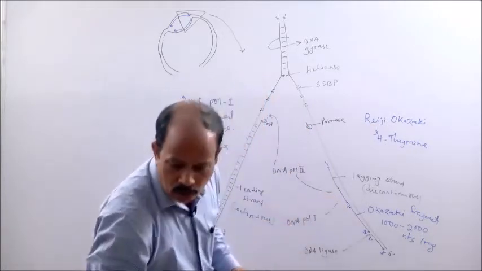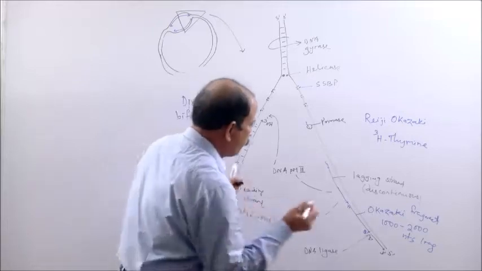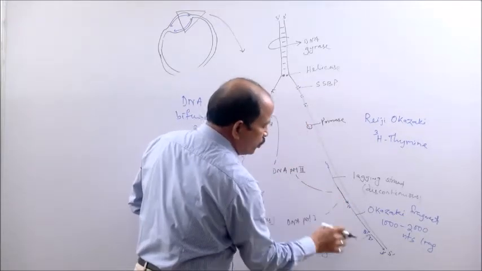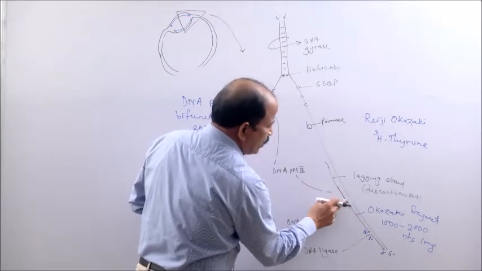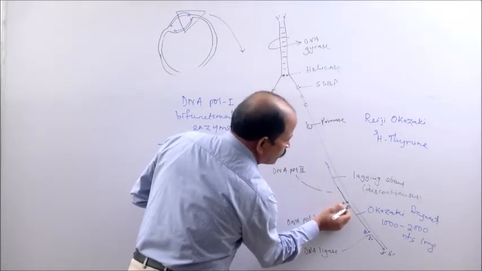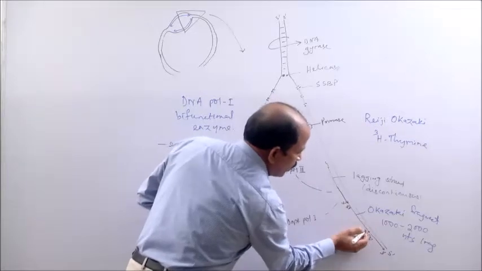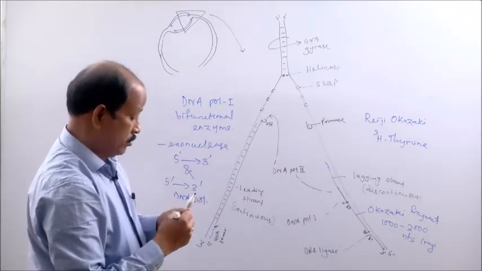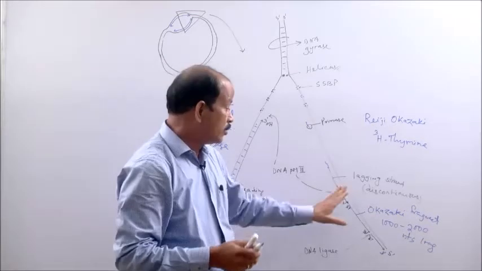So now the color is becoming different. Anyway, here you can see it is the 3' end of DNA and 5' end of DNA. Similarly, 3' end of DNA, 5' end of DNA. And we know there is no intervening RNA, it is already removed.